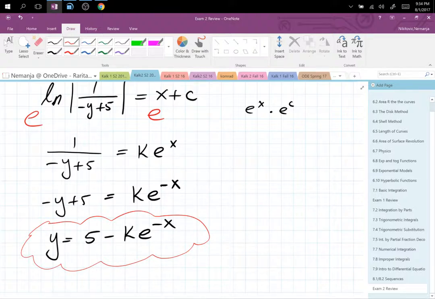If you use the formula, you get the same thing, but with the sign switched. You get c e to the negative x plus 5. The negative 1 gets absorbed by k, because negative 1 times k is still a constant. Plus 5. I have plus 5 too.